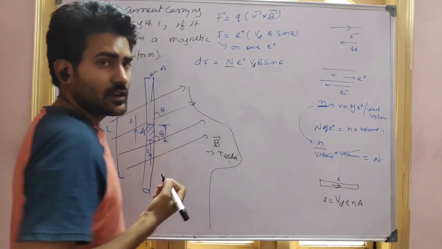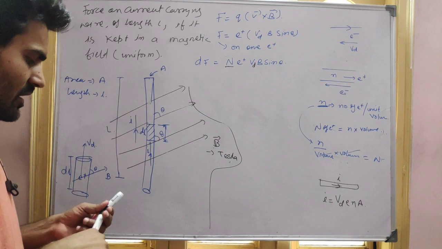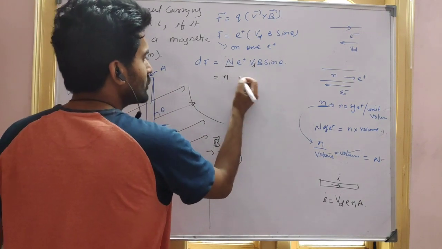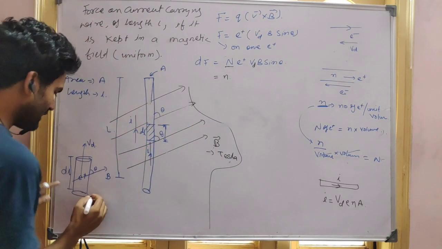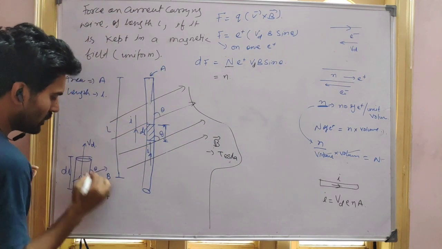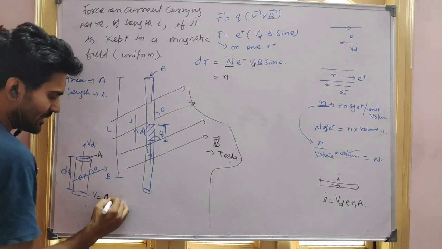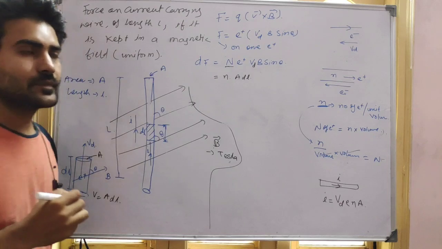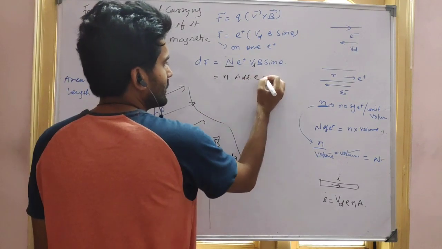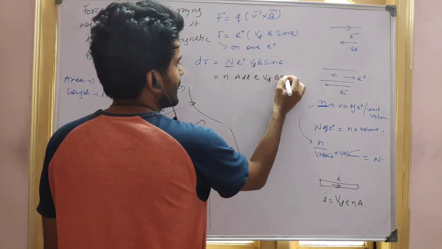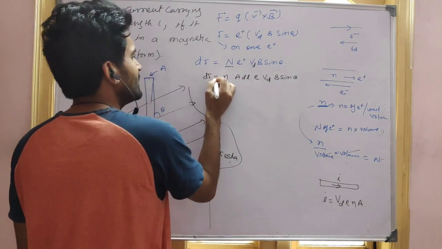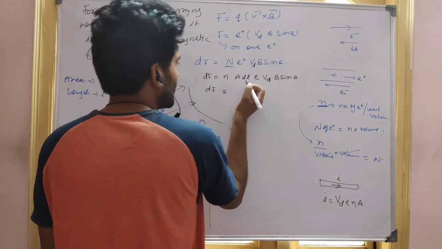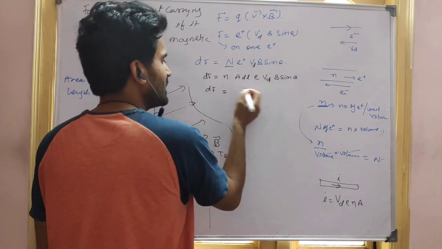What is the number of positrons here? Number of positrons will be equal to n into volume. What is the volume, guys? The volume will be A into dl, right? e V_d B sin theta. If you want to arrange this, we can arrange it like this.